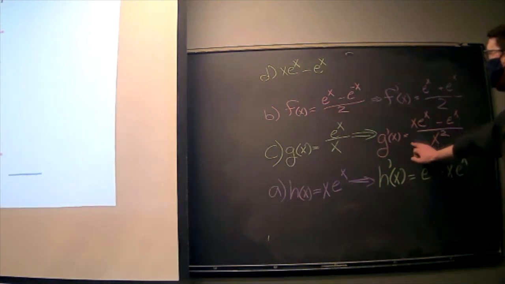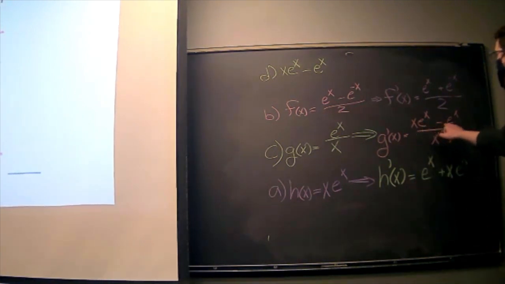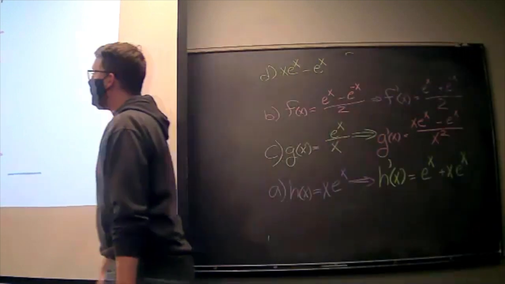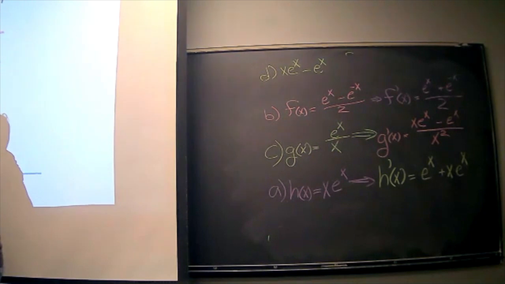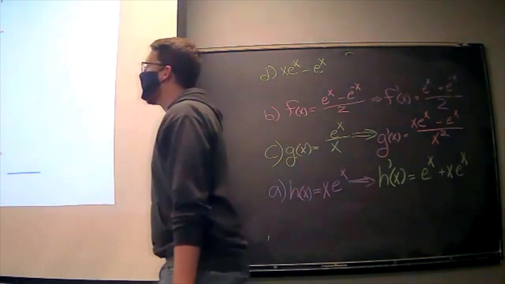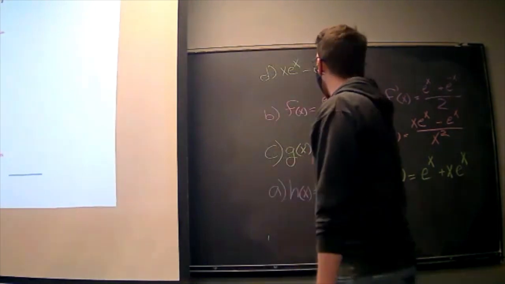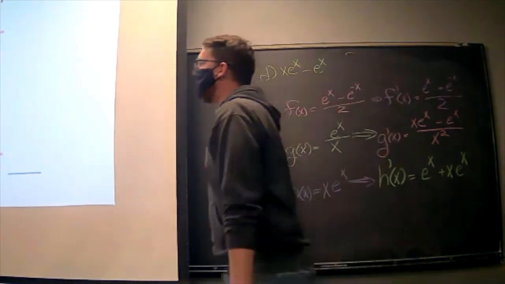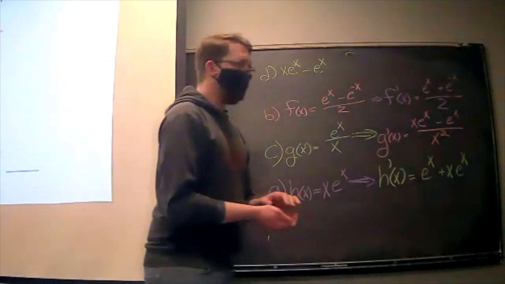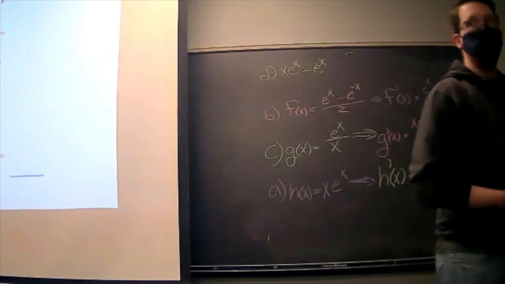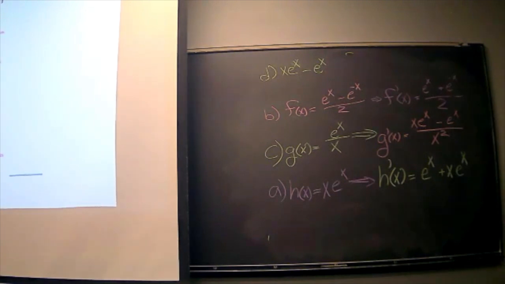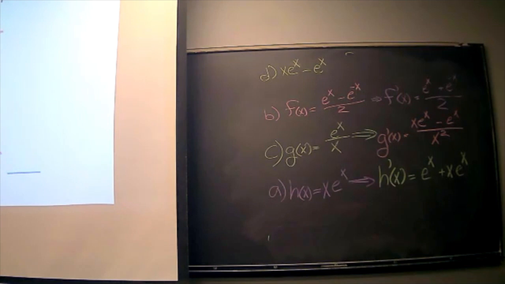C is x e to the x minus e to the x all over x squared. Notice they factored out an e to the x here. How about y'all? What do y'all get for D? Did anybody get x e to the x for D?